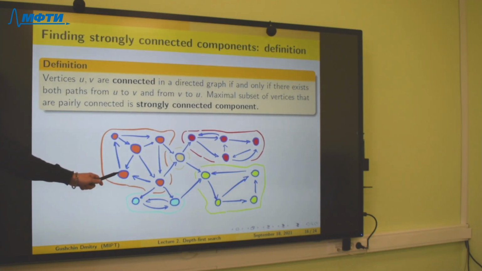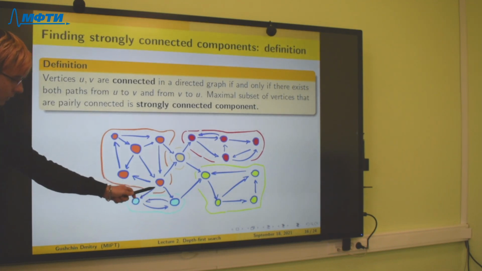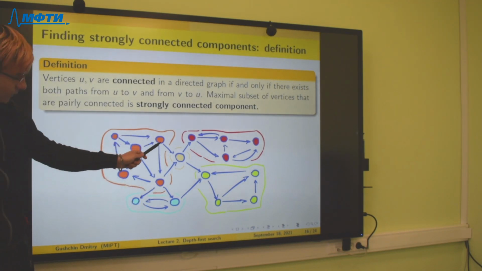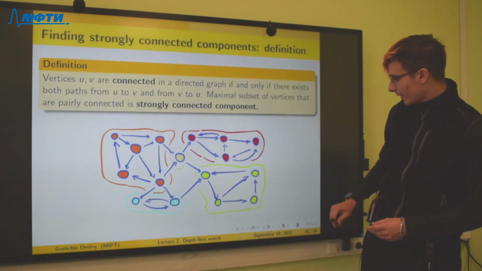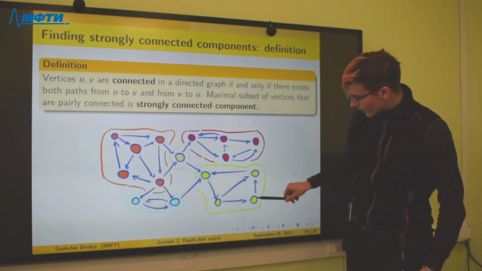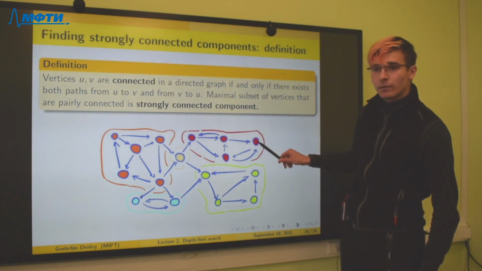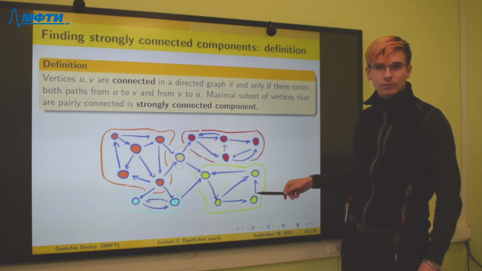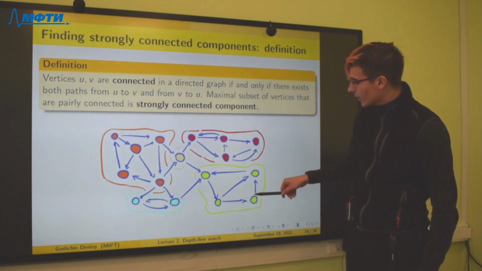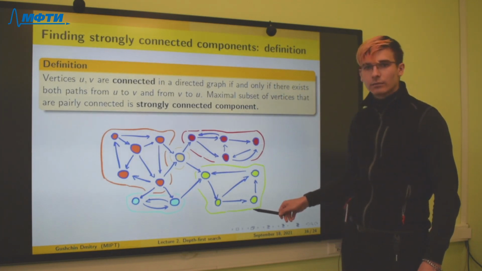As you can see, there is a path from A to B and there is no path from B to A. Or there are no paths in both directions: no path from A to B and no path from B to A.